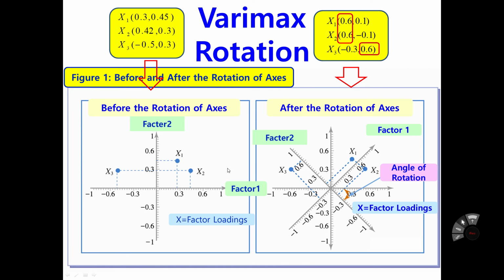We can polarize and we can clarify which variable belongs to which factor. In this example, indicators x1 and x2 have relatively high factor loadings on the first factor. So x1 and x2 belong to the first factor, and x3 belongs to the second factor, because for the second factor it has a relatively high value of factor loading.